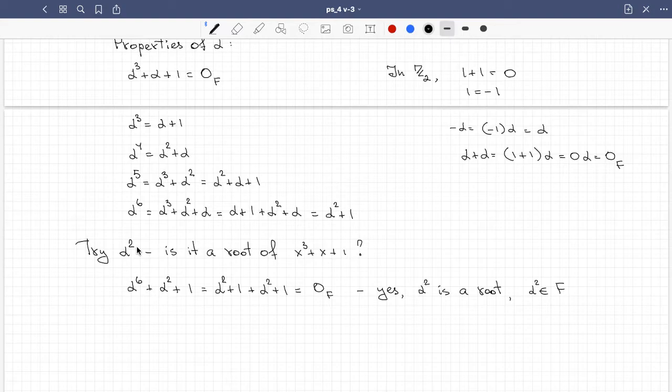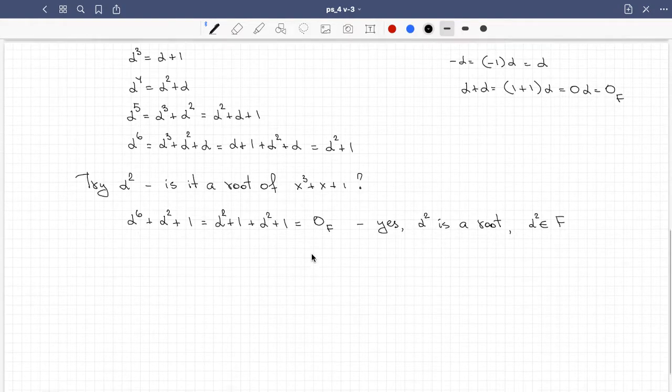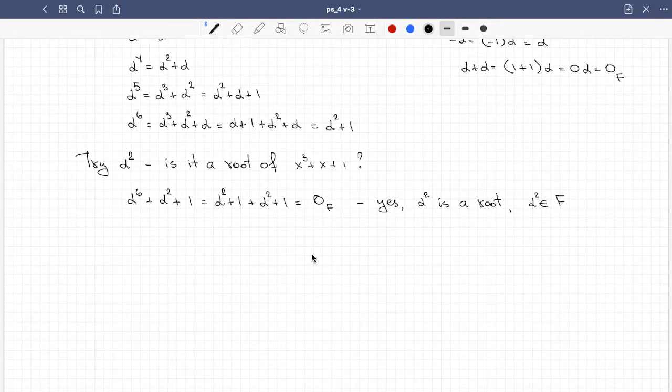Take this polynomial, x cubed plus x plus 1, and divide the polynomial by x minus alpha, trying to find other roots. We get a quadratic, and we will somehow solve the quadratic. Actually, let me jump to the proof.